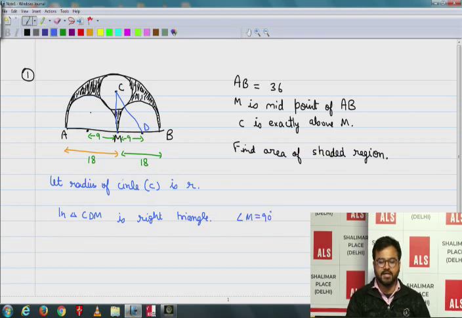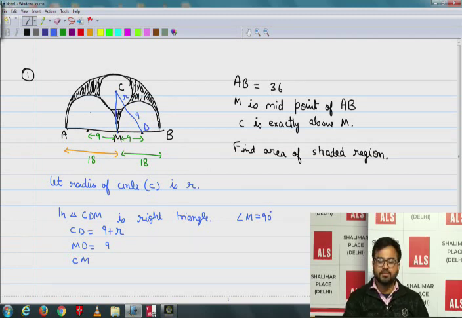Now the length of CD is made up of the sum of the radii of both the circles. For this one the radius is R, for this one the radius is 9. So it is 9 plus R. Similarly the MD, the base of that triangle, is equal to the radius of that smaller semicircle, which is again 9. And now how can we get the length of CM?